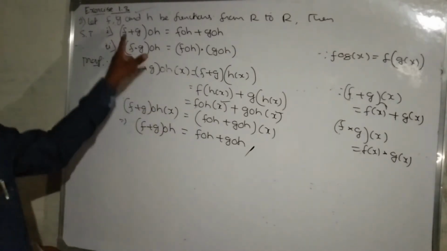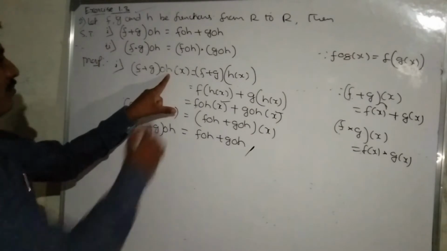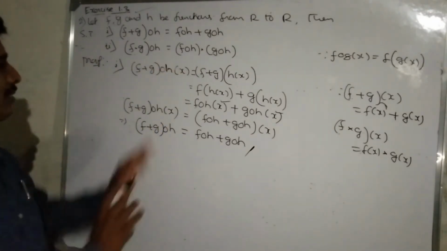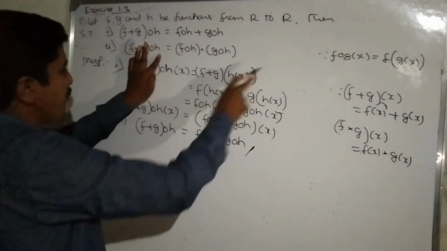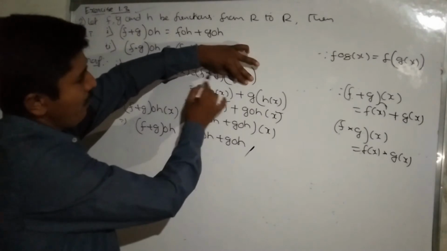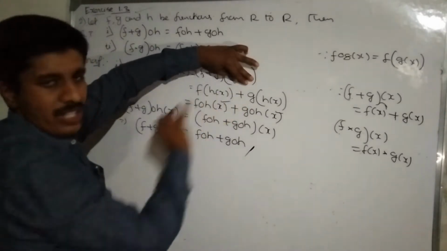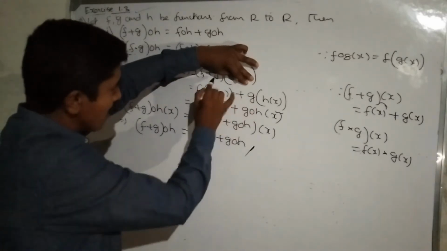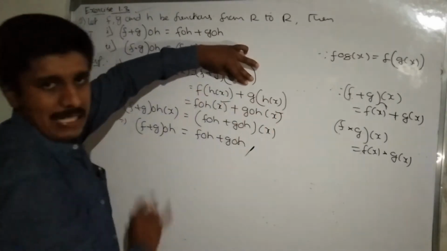Very easy one. Take the LHS, (F plus G) o H. Let us take domain element x. We know that it is defined by (F plus G) of H of x. Correct. Next, F plus G is a function, so this can be written as F of H of x plus G of H of x.